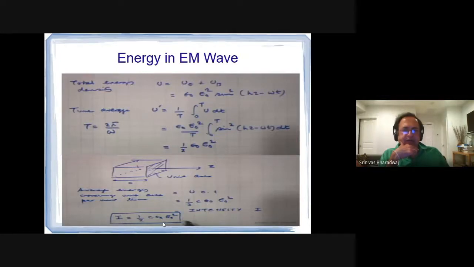Okay, and the corresponding average energy crossing unit area per unit time is U times c, and that is half c epsilon naught E square, which is the intensity. The intensity is 1 by 2 c epsilon naught E square.